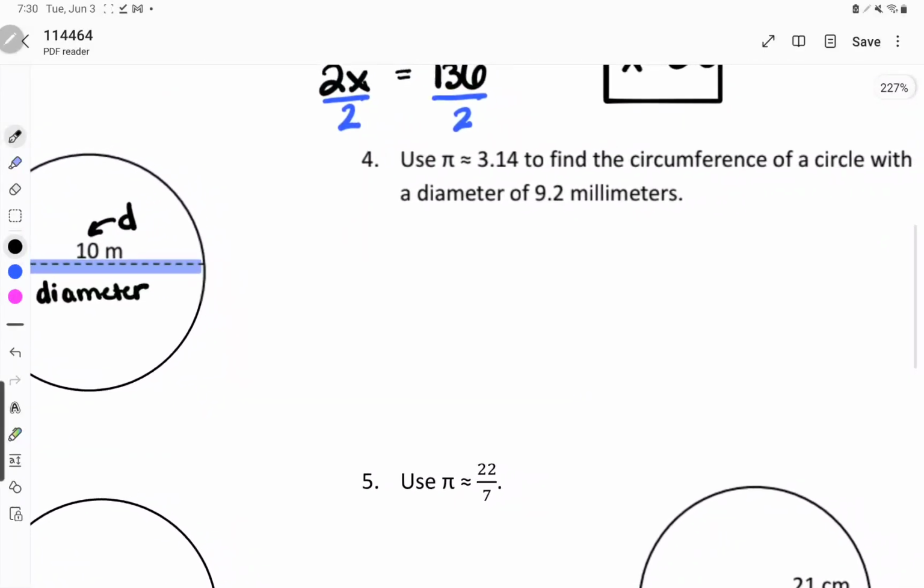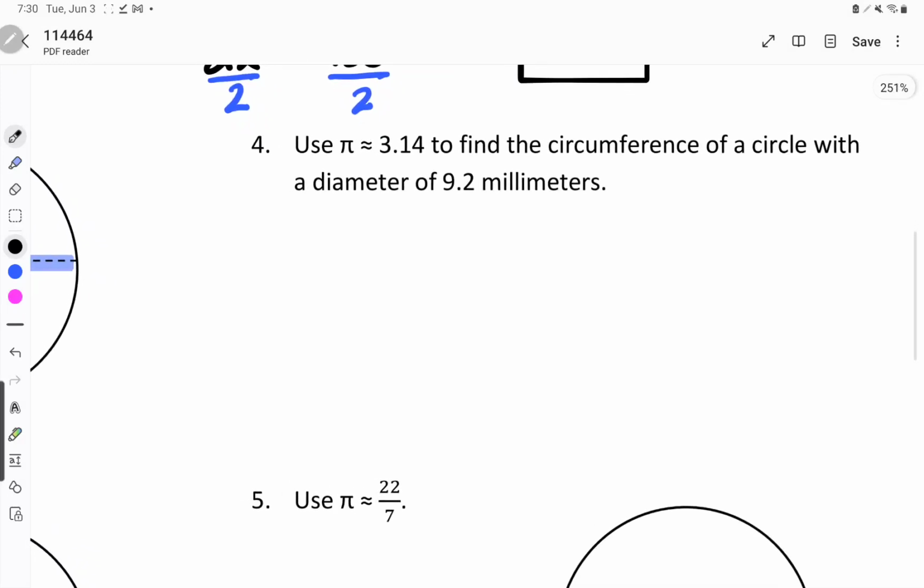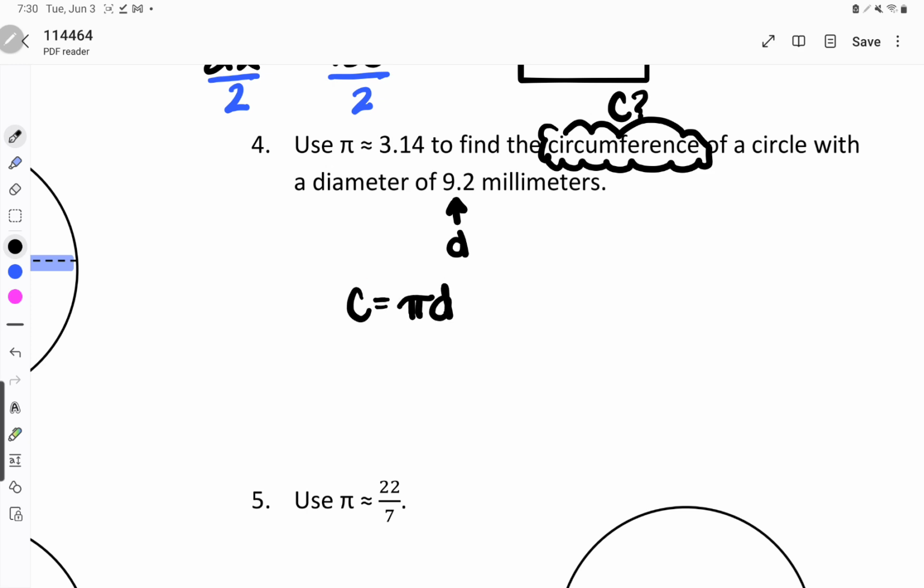All right, for the next one, it says use pi to find the circumference. Okay, so I want to know what C is of a circle with a diameter of 9.2. So 9.2 is our diameter. Now I'm looking for circumference. So which formula am I going to use? I'm going to use the formula with diameter because I have a D. In for D, I'm going to put my diameter of 9.2.